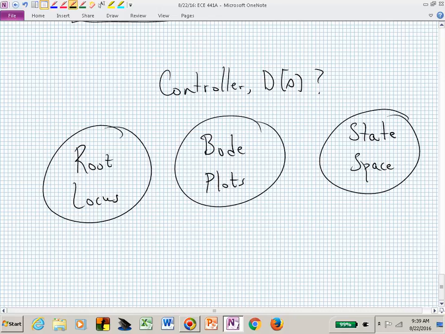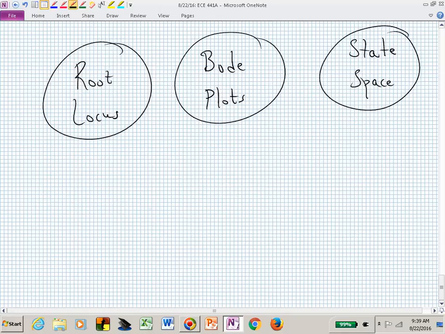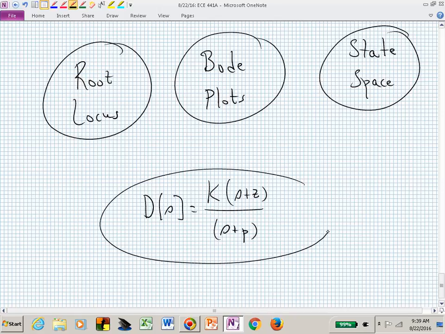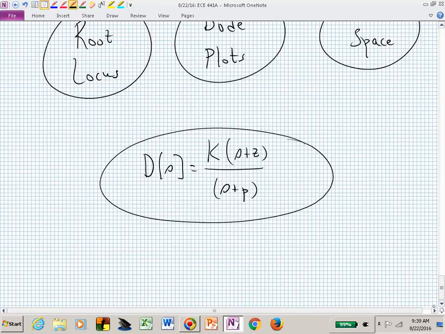One of the first controllers that we will look at is fairly basic. It now has a gain, it has a zero factor, and a pole factor. What order is that controller?